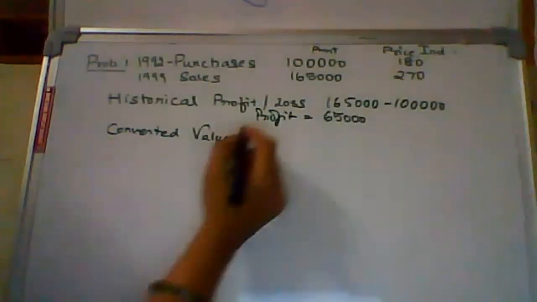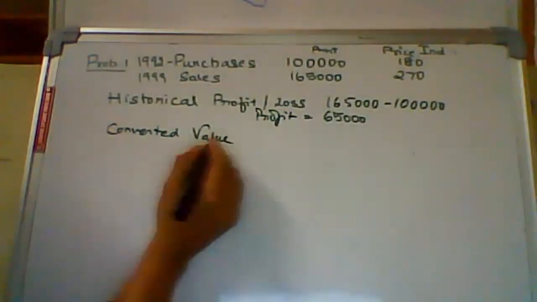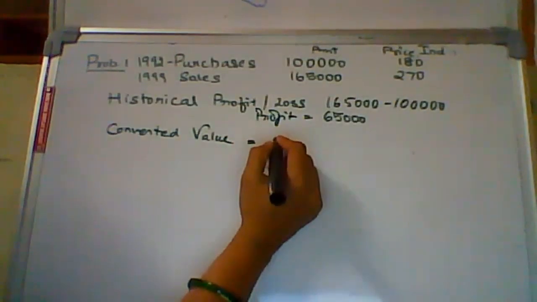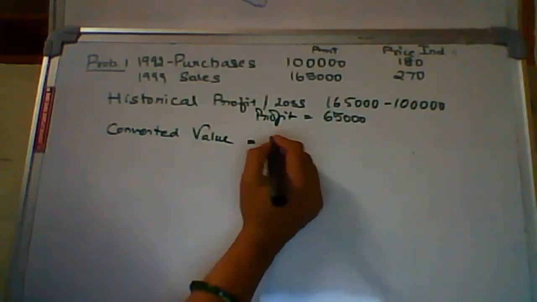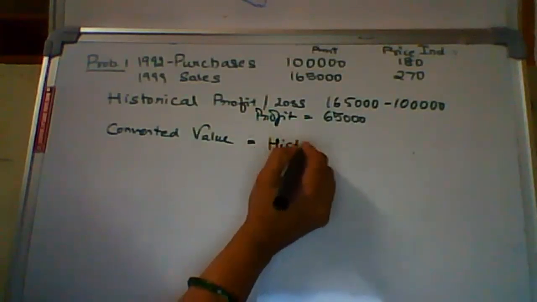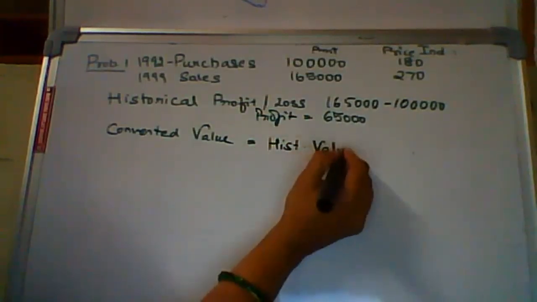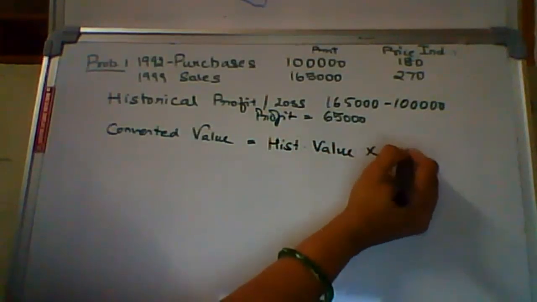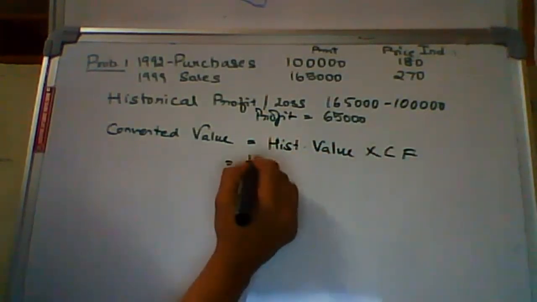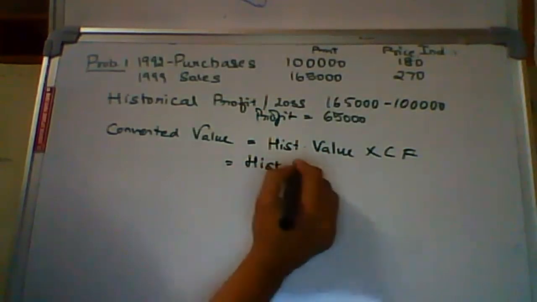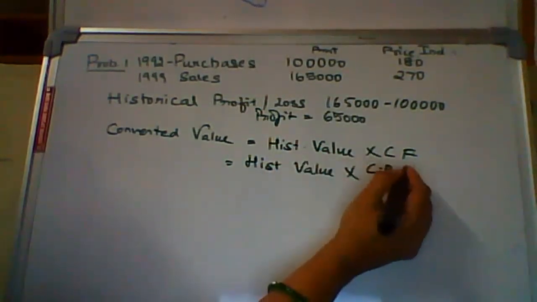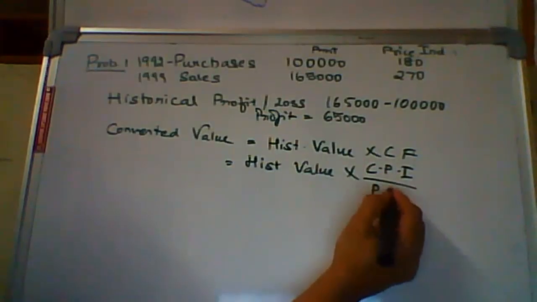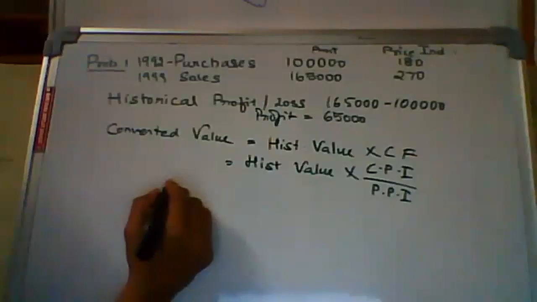Now whenever you do converted value, it is nothing else but whatever is the historical cost, historical value multiplied by conversion factor. Conversion factor means current price index divided by previous price index.